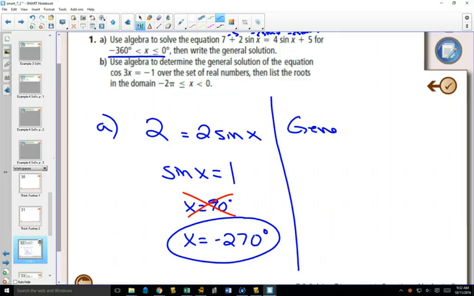Now right beside it, it asked for the general solution as well. And if you go back to 7.1 when we made our notes on the general solution, what did we write down? It said solve like normal between 0 and 2 pi, or in this case between 0 and 360. And then step 2 was add 2k pi to each of your answers. That would be if it was in radians.